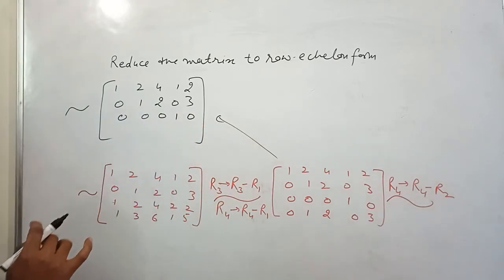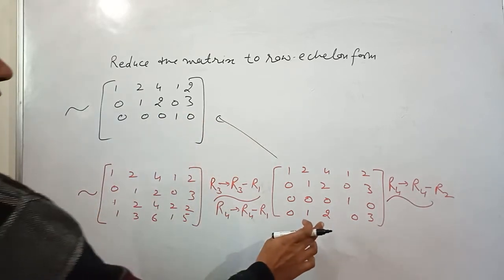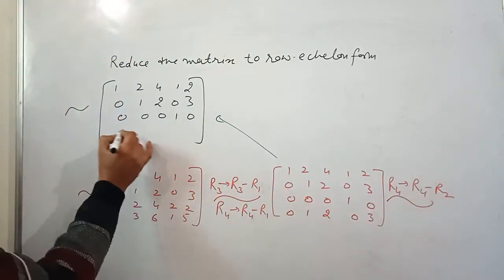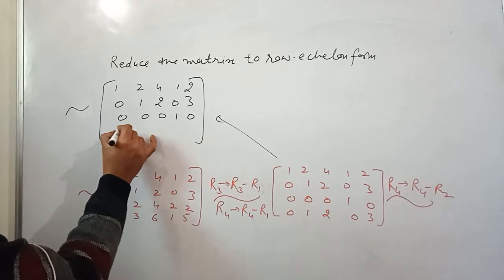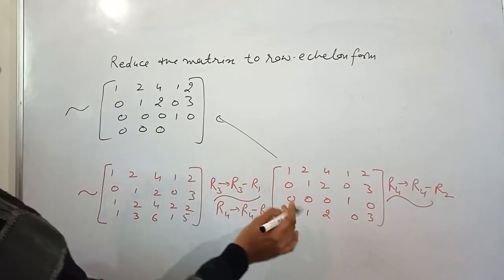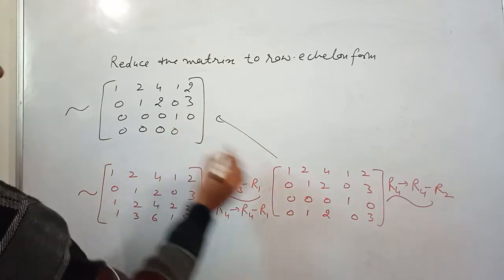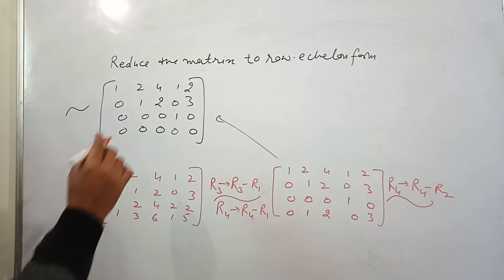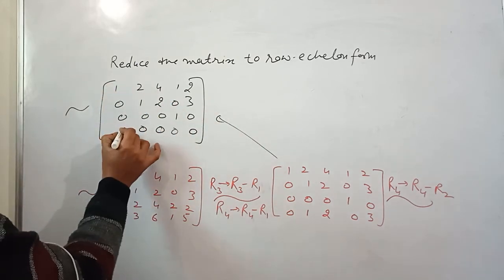0, and this is R4 minus R2. So 1 minus 1 is 0, 2 minus 2 is 0, here is 0, and 3 minus 3 is 0. So we can see that this is row echelon form.